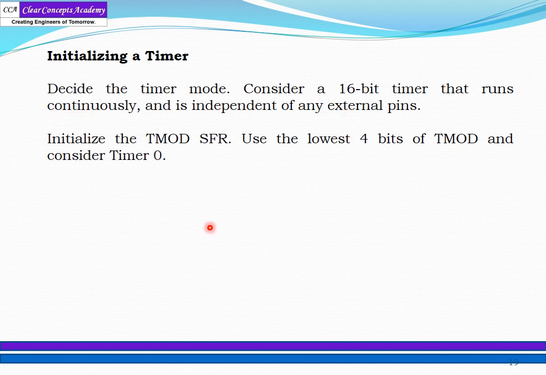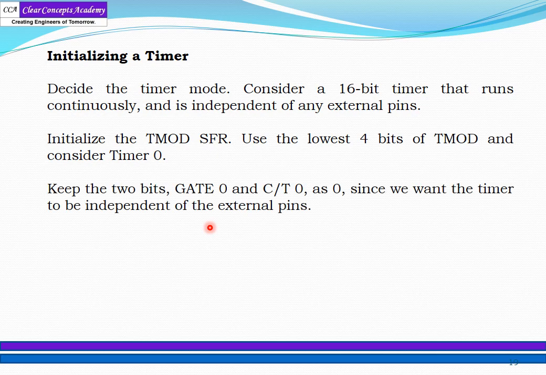So this is the condition. Now what will we do? Keep the GATE bit as 0 and C/T0 as 0. Why are you making them 0? Because you don't want to depend on the external pins. You want to count continuously, as a counter, a 16-bit counter. That's why you set C/T to 0. And why GATE 0?